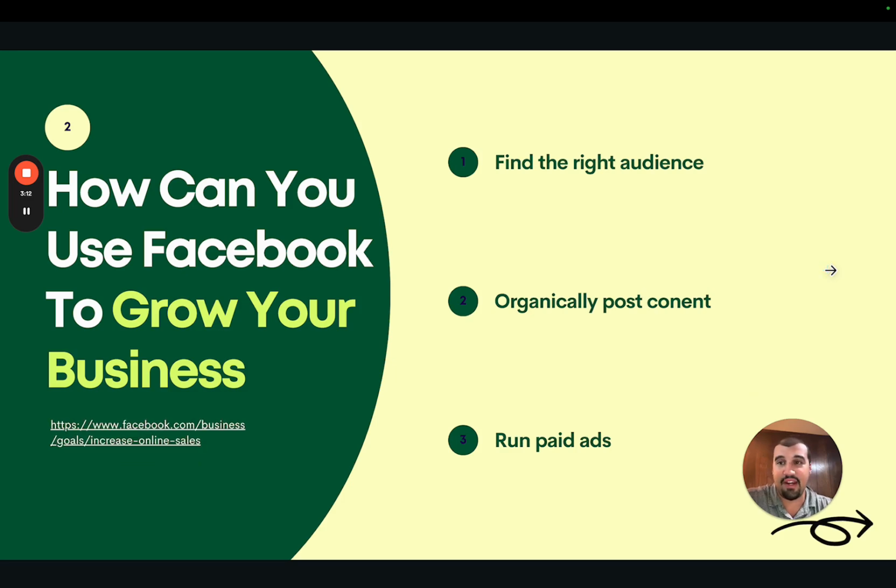So let's go ahead and continue. How can we use Facebook to grow? There's a number of different ways that we can use Facebook to grow. One is it helps you find the right audience of people. There's thousands of millions of people over there, so it can help you find the people that are interested in whatever it is you're selling, whatever your service is.